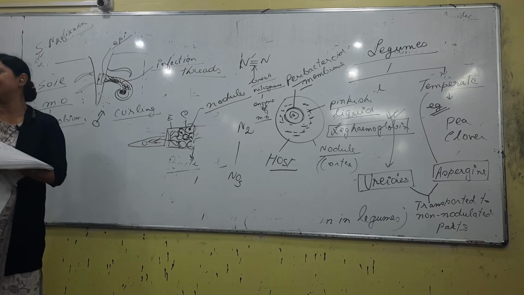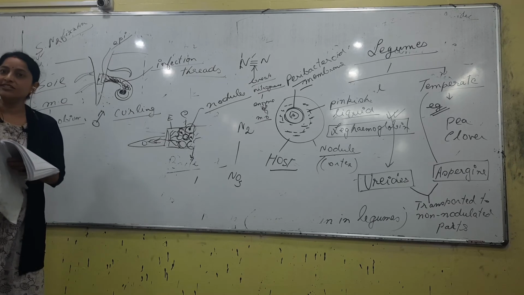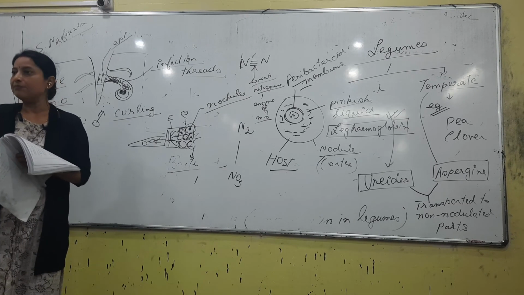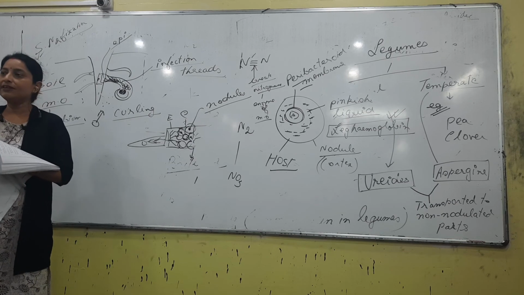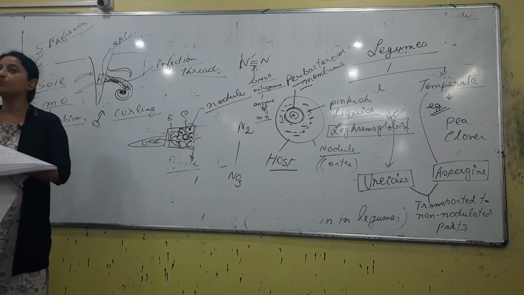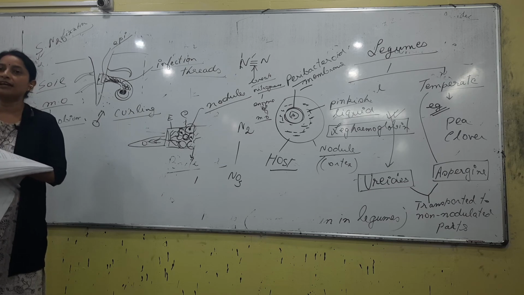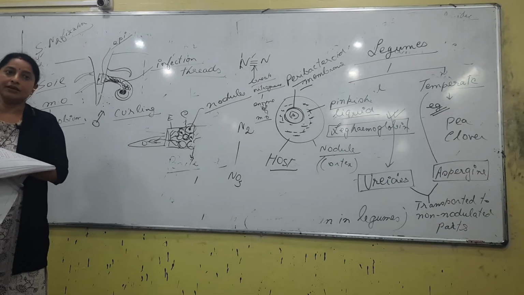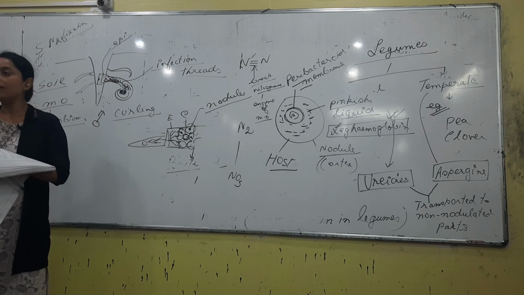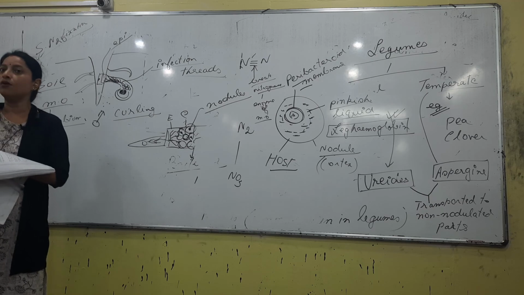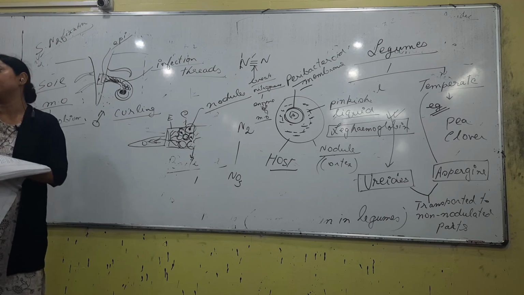Only a particular enzyme, nitrogenase. Where will you find it? Inside the plant body, no. If nitrogenase was present inside the plant body, then they could have taken atmospheric nitrogen directly. Since it is not present, where is it present? In the microorganisms. So plants need those microorganisms to break the bond so that nitrates could be formed.